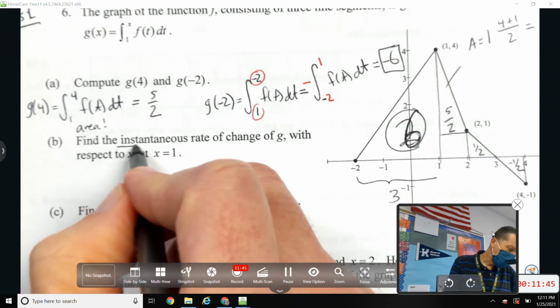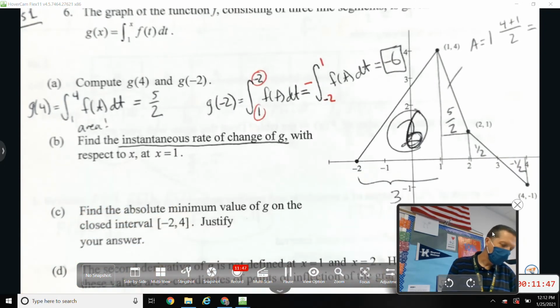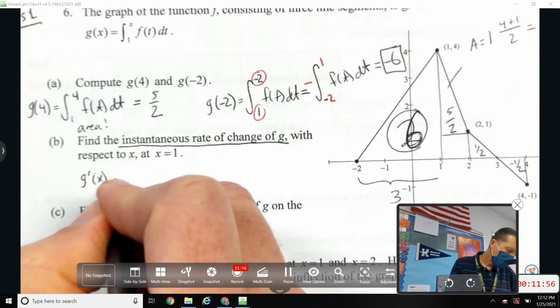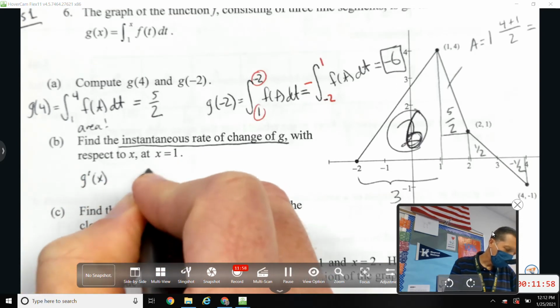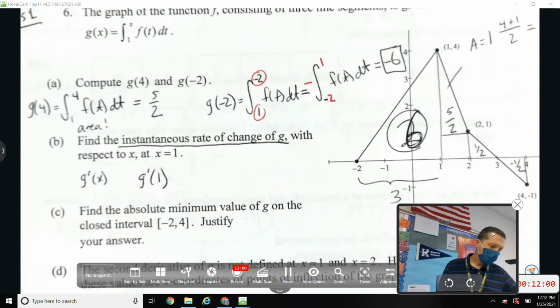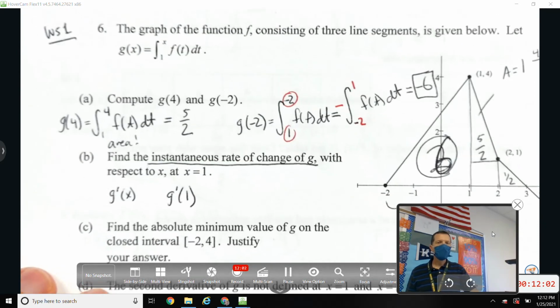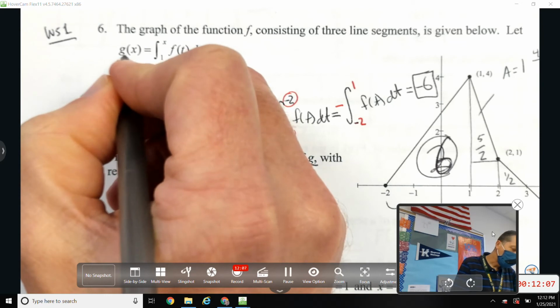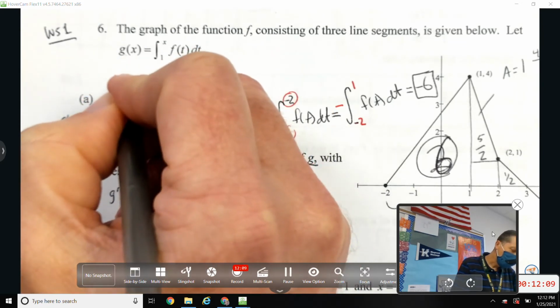Part B, the instantaneous rate of change of g. That's fancy talk for what? Derivative. So g prime of x at 1. Oh, so I need g prime at 1. Well, I've got room up here. So if I want g prime, I need to take the derivative of both sides.